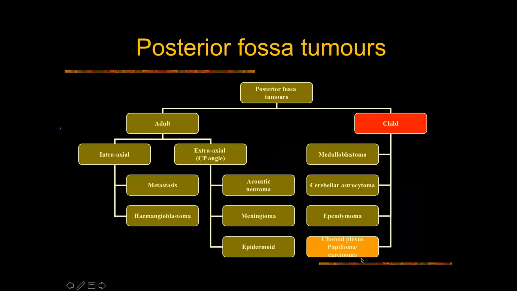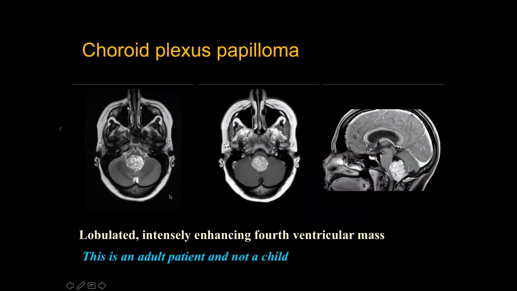So choroid plexus tumors next. They are very, very rare. Lobulated, enhances homogeneously, looks very much like an ependymoma. Fourth ventricular choroid plexus tumors are less common. In children, choroid plexus papilloma tends to occur in the ventricles, whereas ependymoma occurs in the fourth ventricle.